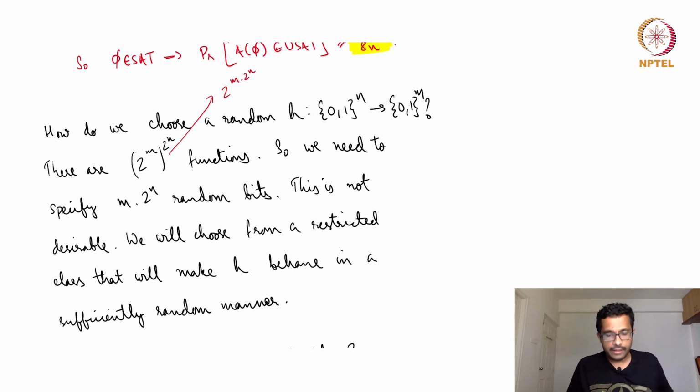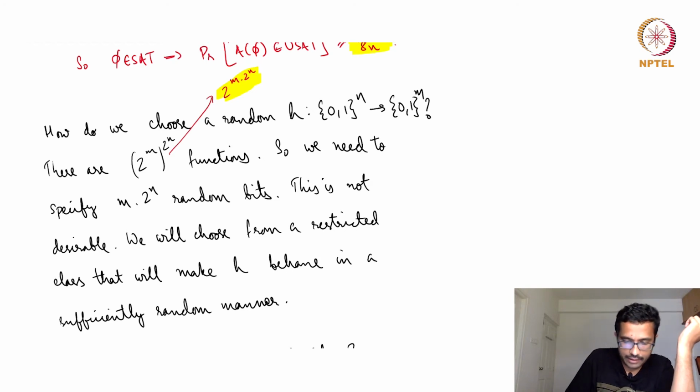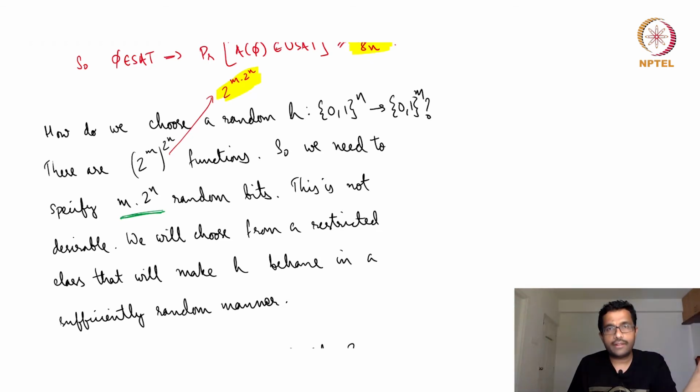And to specify a function out of this many functions, we need to describe it with the log of that many bits. So the number of bits required to describe this function is m times 2 power n random bits. So just to choose a function from all the functions requires m multiplied by 2 power n random bits.